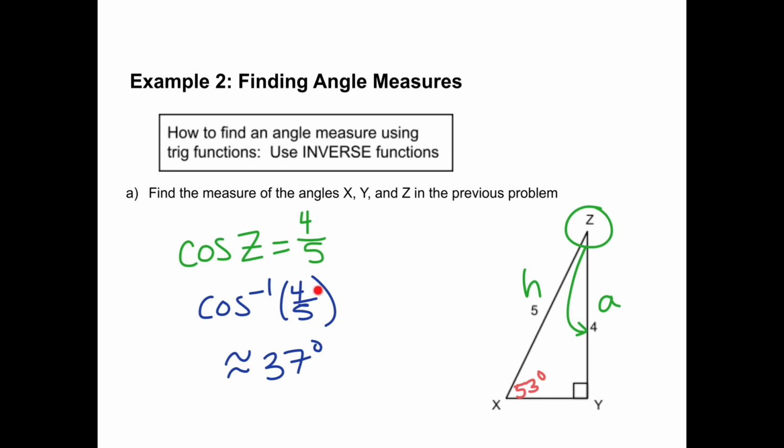But we will use that along with the inverse function to figure out the actual angle measure. So again, in your calculator, you hit the second button, cosine button, 4 divided by 5, and hit enter, and you'll get 37 degrees. You will want to make sure that the 90 and 53 from the last problem and the 37 should all add up to 180 degrees inside the triangle.